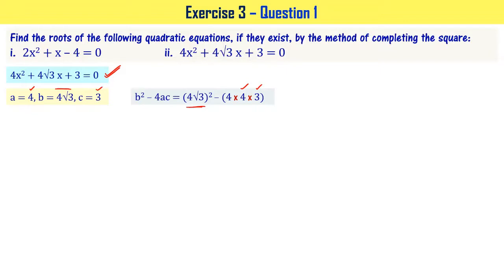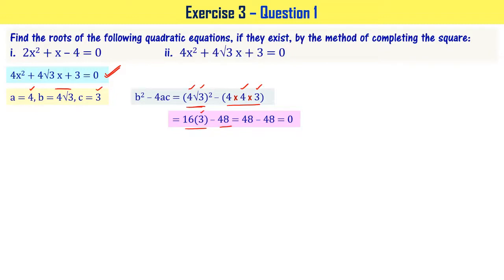Now I can write 4 root 3 whole square as 4 square times root 3 whole square, right? It means I can write it as 16 times 3. This is, 4 square is 16 and square root 3 whole square is 3, right? And this is 4 times 4 times 3, 16 times 3, that is equal to 48.